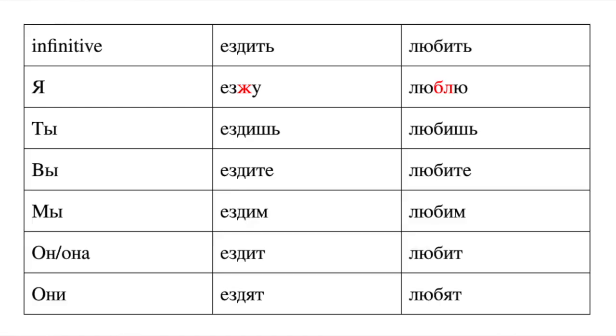Ездить, я езжу, мы ездим, ты ездишь, вы ездите, он, она ездит, и они ездят. And любить, я люблю, мы любим, ты любишь, вы любите, он, она любит, and они любят.